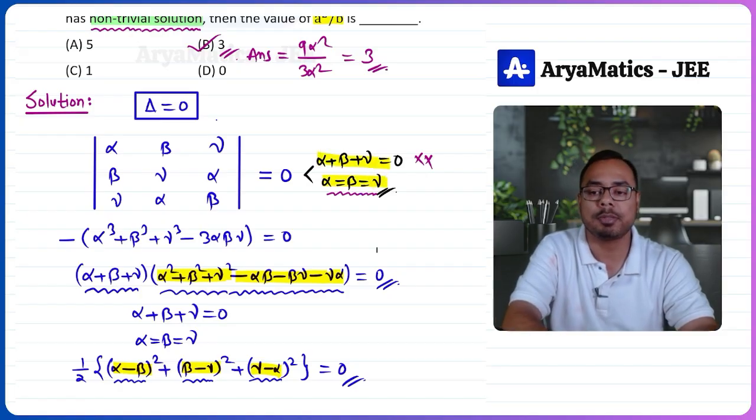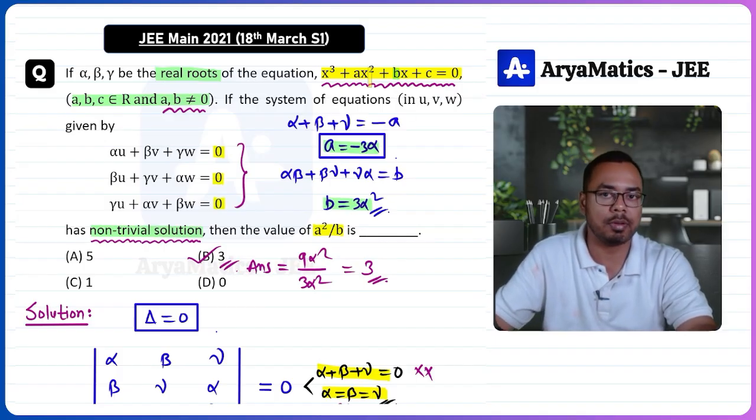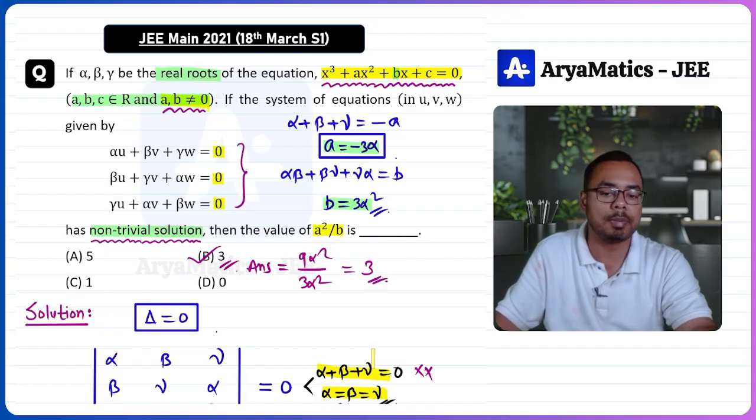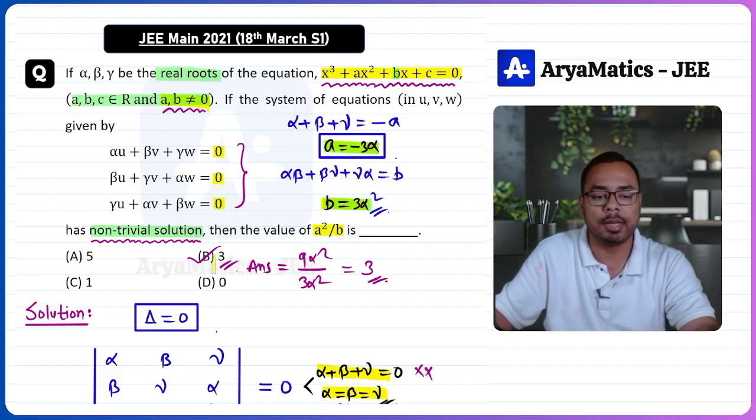Now because alpha plus beta plus gamma is minus a, using the relation between roots and coefficients of this cubic equation, and it is given that a and b are non-zero, therefore alpha plus beta plus gamma cannot be 0. That means all the three roots must be equal. From there we got a as minus 3 alpha, b as 3 alpha square, and a square by b will be 9 alpha square by 3 alpha square. So finally the correct answer for this problem will be option B.